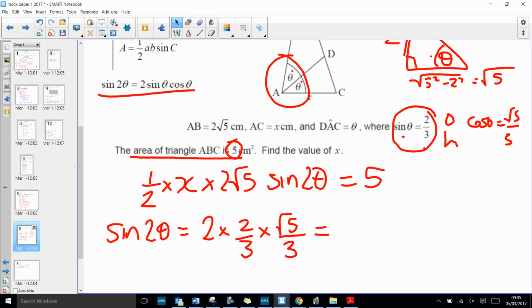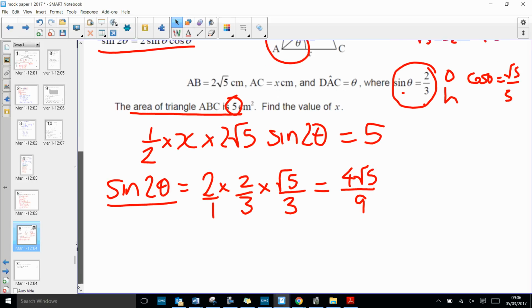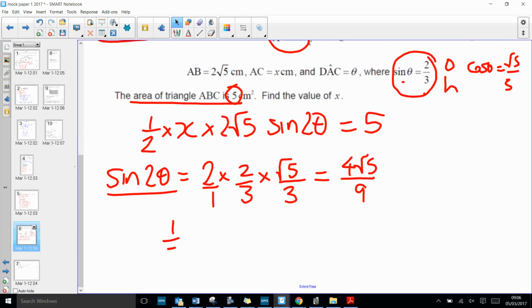So we've got 2 times 2, so that's 4 root 5 over 9. So we've established the actual value of sine 2 theta. So now we can stick that into the formula above. So we've got 1/2 multiplied by x multiplied by 2 root 5 multiplied by 4 root 5 over 9 equals 5.